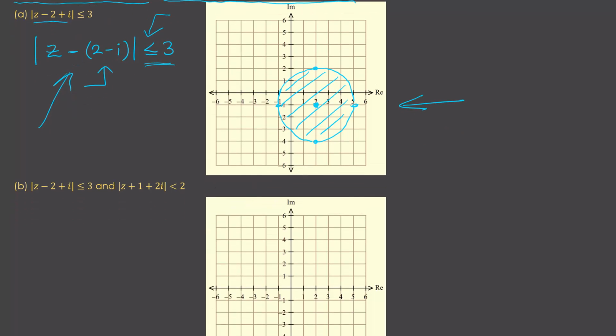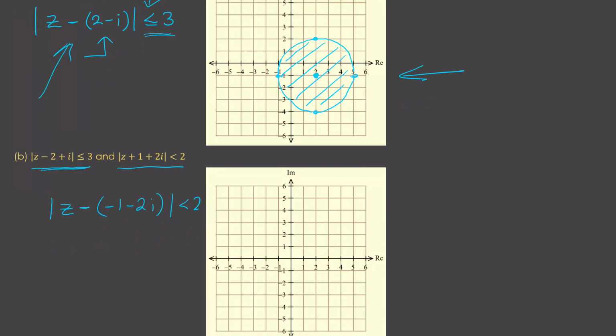Now, the next part, well, that's the same inequality that we had here. And for this one, I would rewrite that as z take away, and then it would be -1 take away 2i, think about expanding it, is less than 2.